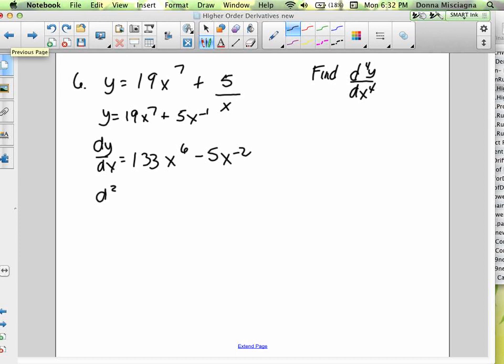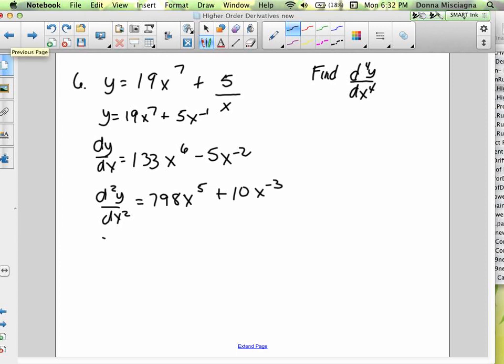All right, so d2y over dx2, 133 times 6, 798. In the interest of time, I'll just use a calculator. 798x to the 5th power plus 10, right? 5 times negative 2, plus 10x to the negative 3 power.